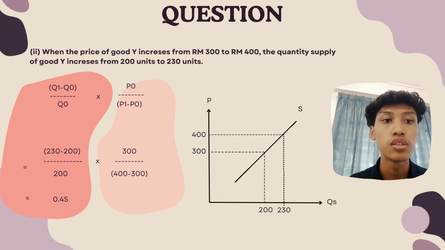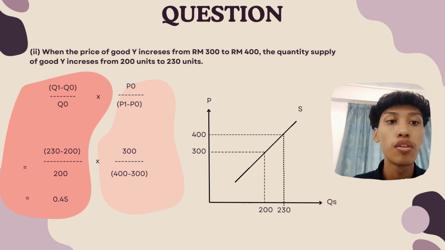The answer is 0.45. The price changes from P0 to P1, which is 300 ringgit Malaysia to 400 ringgit Malaysia.